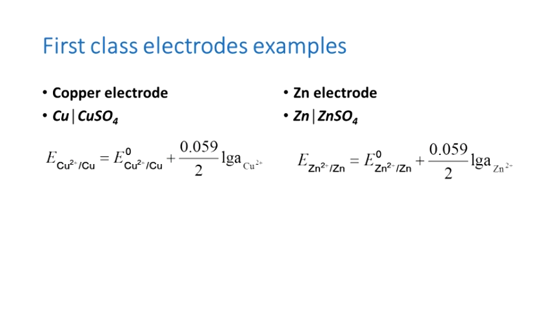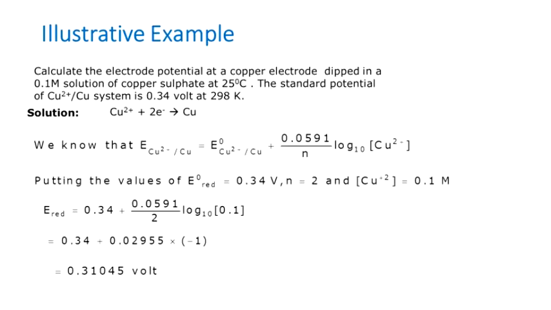You see, n is equal to 2 because only 2 electrons take part in half reaction. You could see example of problem solution in which you use Nernst equation to calculate potential of copper electrode, which is placed in 0.1 molar copper sulfate solution.